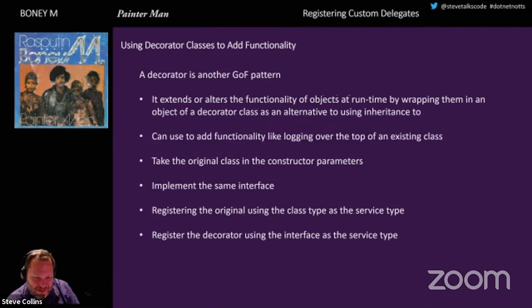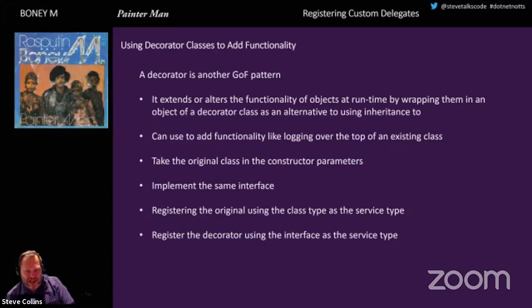So, decorator classes. A decorator class is yet another Gang of Four pattern. What that does is it extends or alters the functionality of objects by effectively creating a wrapper and then intercepting calls on the way in and intercepting calls on the way out. I like this pattern because if you've got a third-party library class that doesn't support logging, you can implement logging yourself.